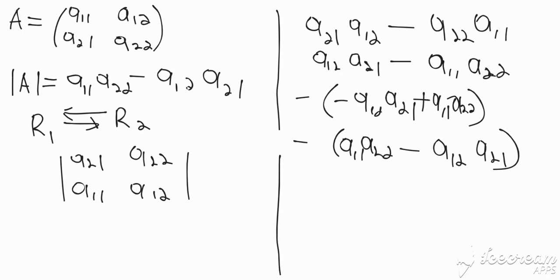So what basically happens here is that when we switch two rows, the determinant becomes the negative of the original determinant of the matrix. So let us contextualize this. If matrix B is obtained by switching two rows in matrix A, then of course the determinant of matrix B would be equal to the negative determinant of matrix A.